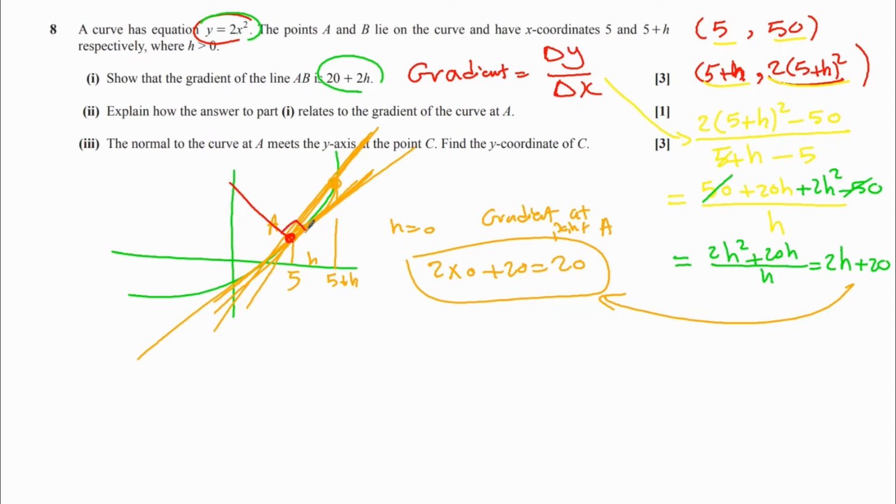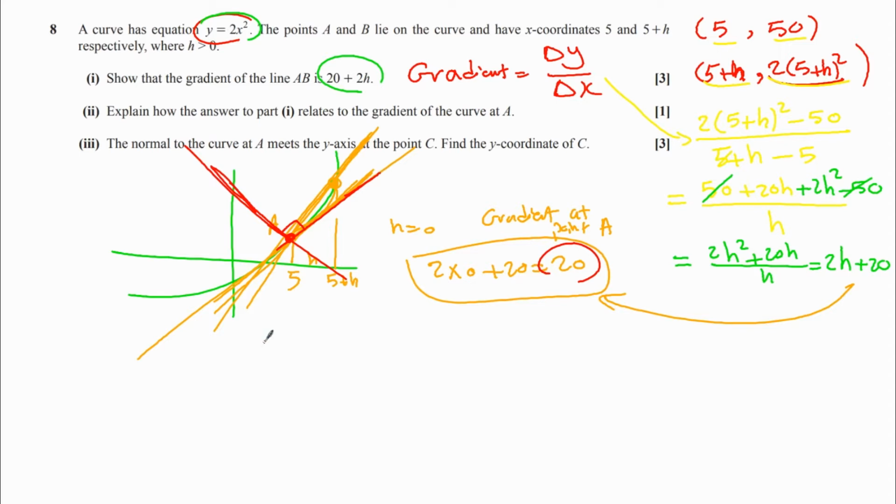So we know that the gradient at point A is 20, and that 20 is the gradient of the tangent to the curve at that point, because we have a curve, so we have a tangent to the curve. So the gradient of the line that is a normal to the curve at A would be the one that's perpendicular to the tangent.